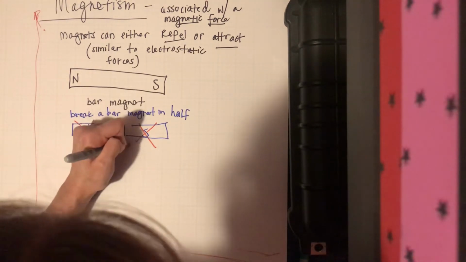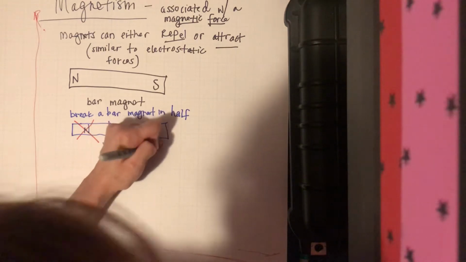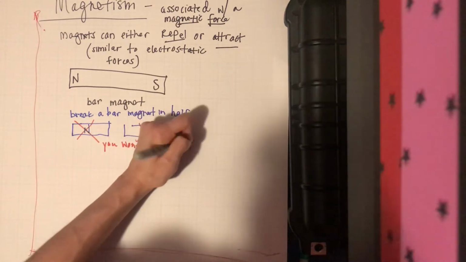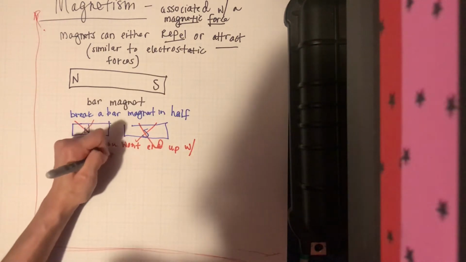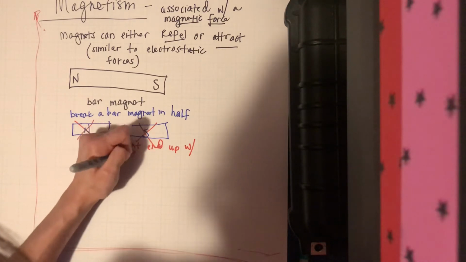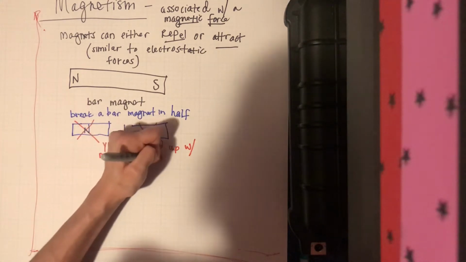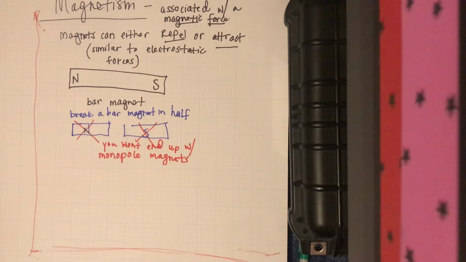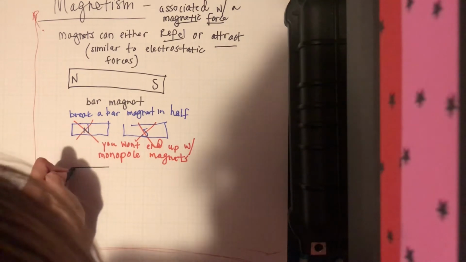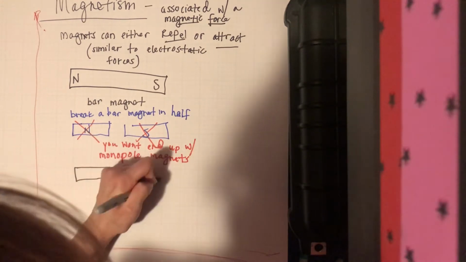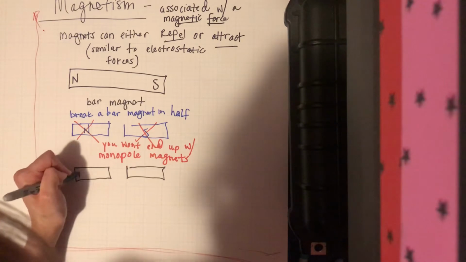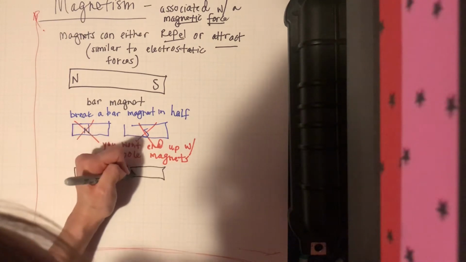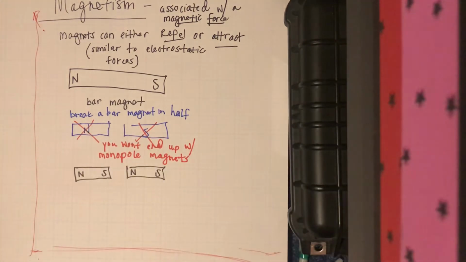Instead, you will still end up with two bar magnets that each have a north and south pole.